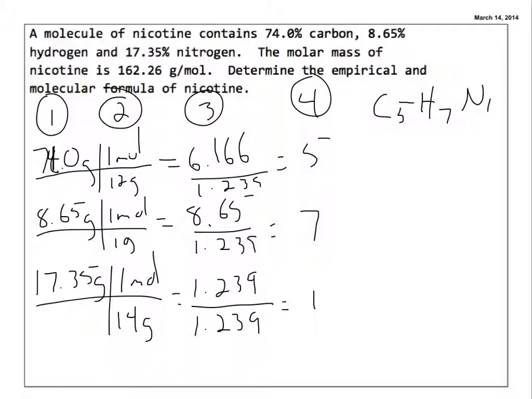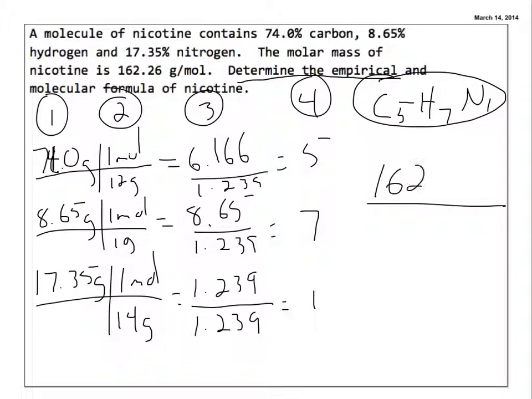That's the first part of this problem. Determine the empirical formula. That part's done. But we also need to find the molecular formula. And they tell us that the molecular mass, or molar mass, is 162.26. So that goes on the top, 162.26 grams. Now for down here, we need to find the mass of that empirical formula.